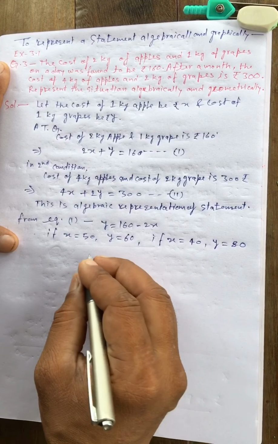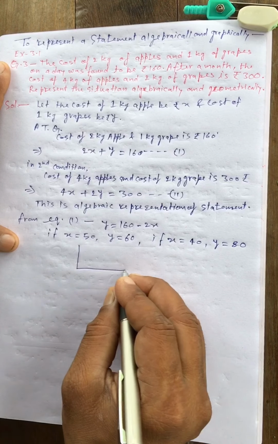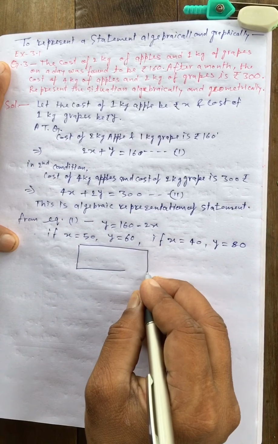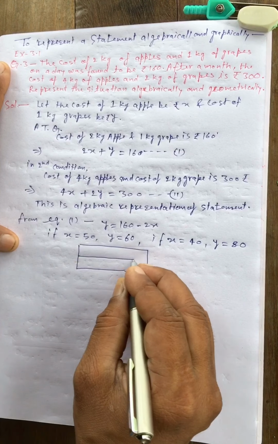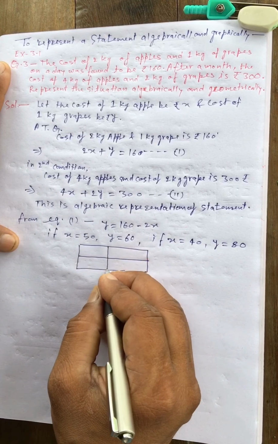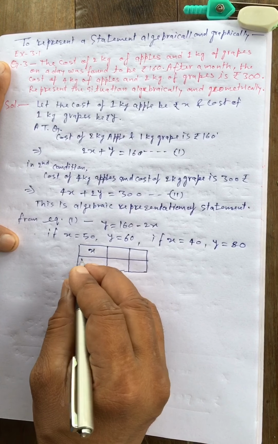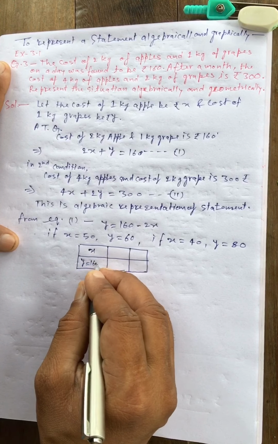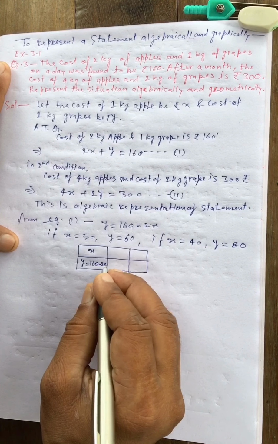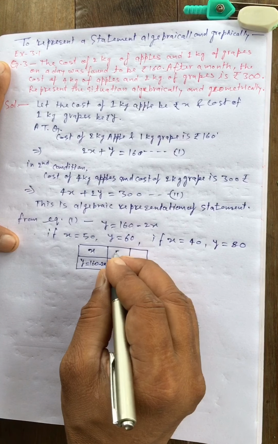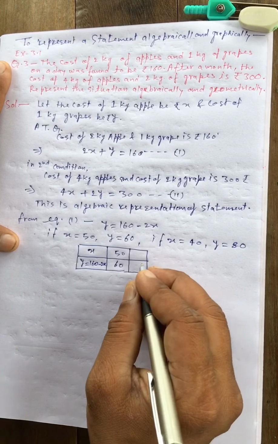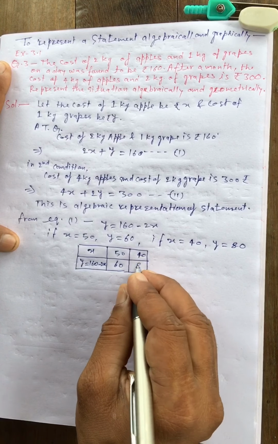If we draw a table for these values, then x and y is equal to 160 minus 2x: if x is 50 then y is 60, if x is 40 then y is 80.